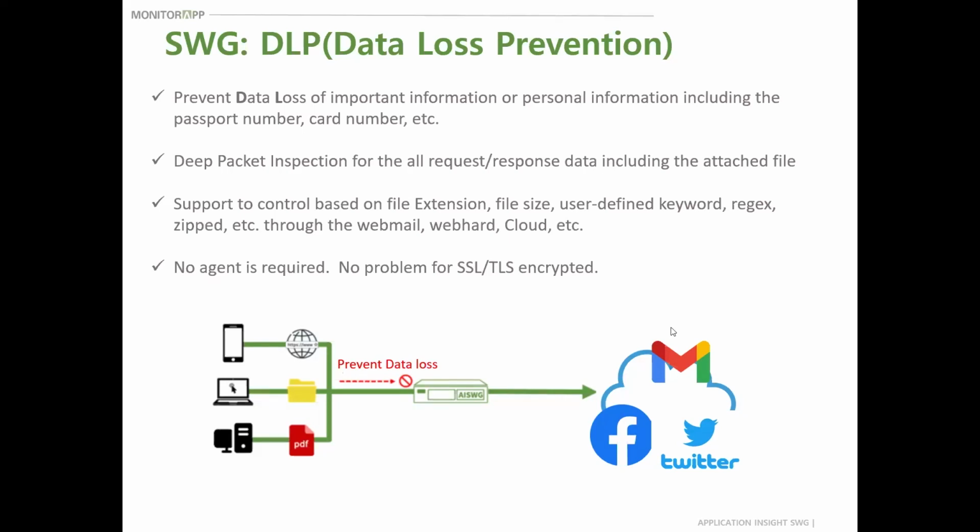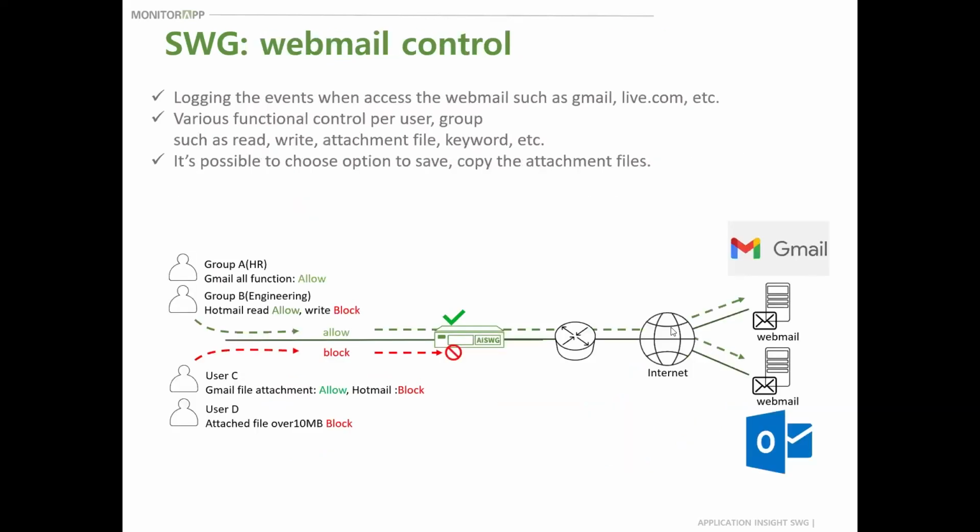You can do it without an additional DLP solution. You can just click the menu and add the keyword to block or detect, and that's it. Let's see how easy it is to configure during the demo session.